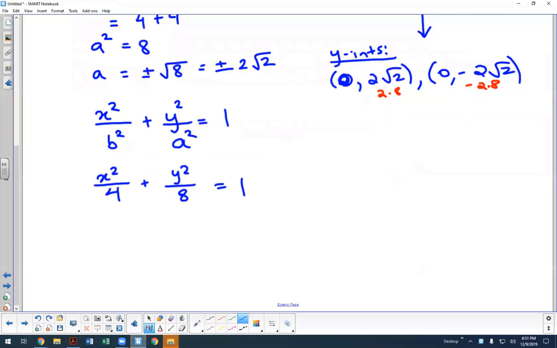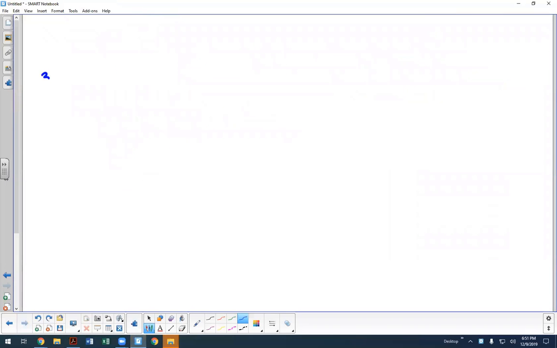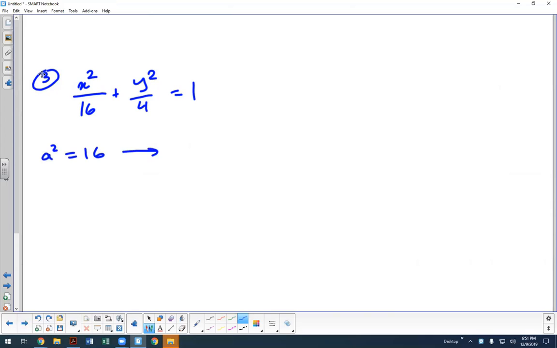So the way we go about working with this: larger denominator under X, so that's the A squared, which means A is square root of 16, which is 4. Automatically, B squared will then end up becoming 4, which means B is going to be the value of 2.